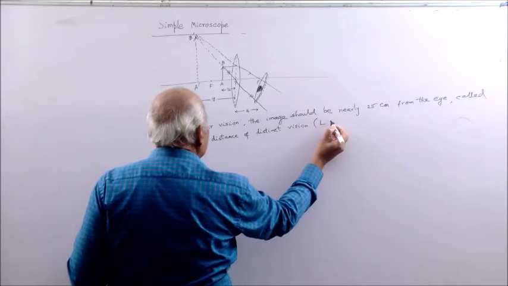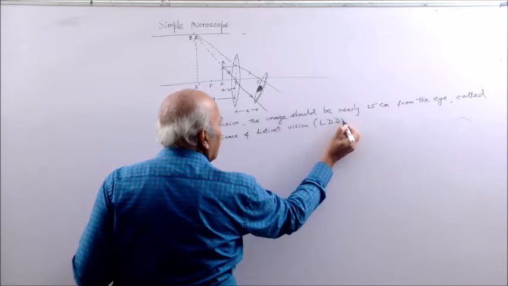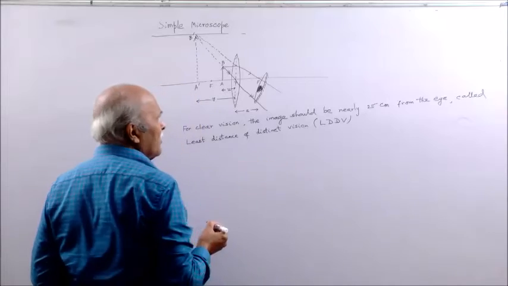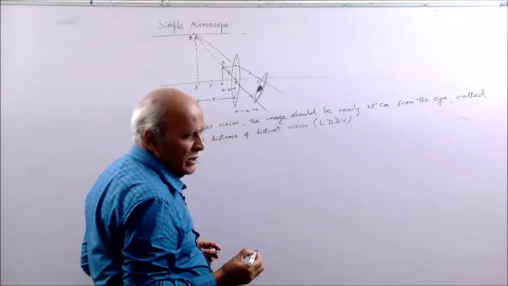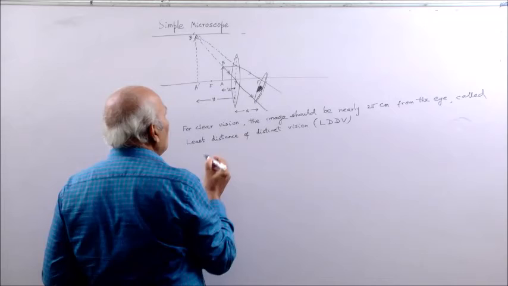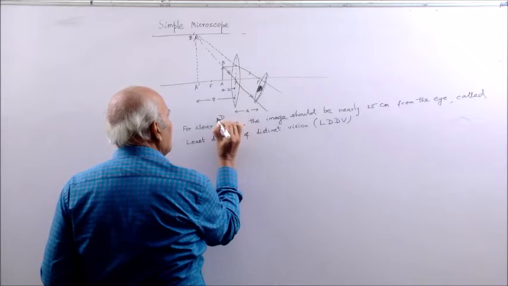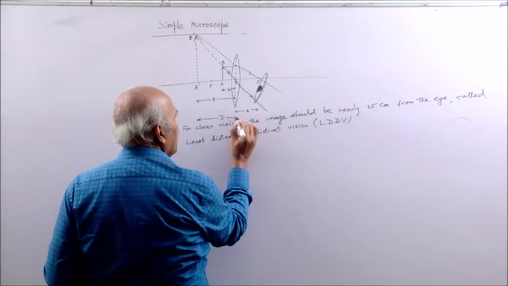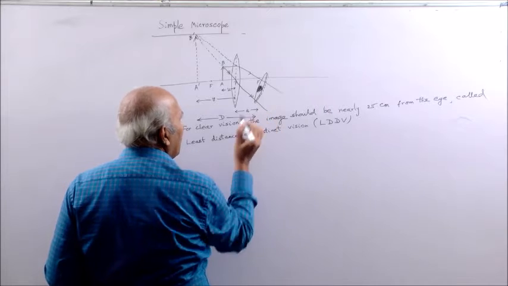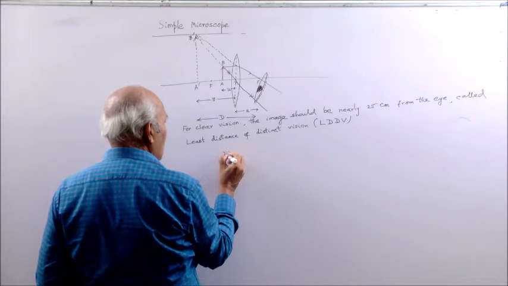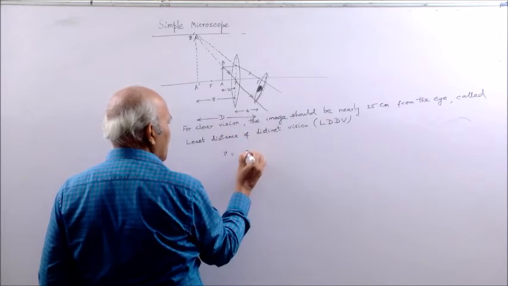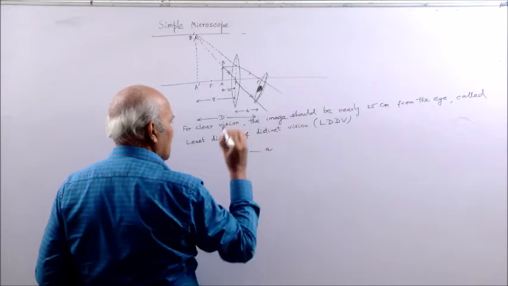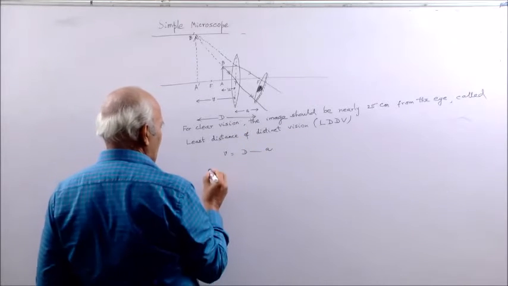In short, we write like this: LDDV, which is about 25 centimeter for most persons. So suppose this distance is D, it is like this, from the eye. So what do you see from this? What is V? V will be D minus A.